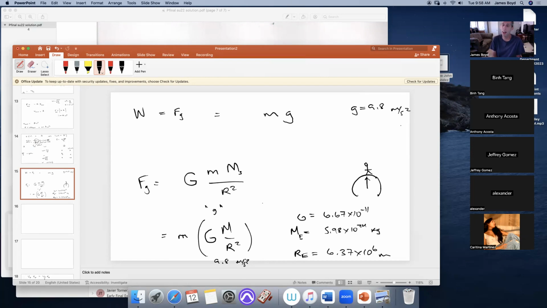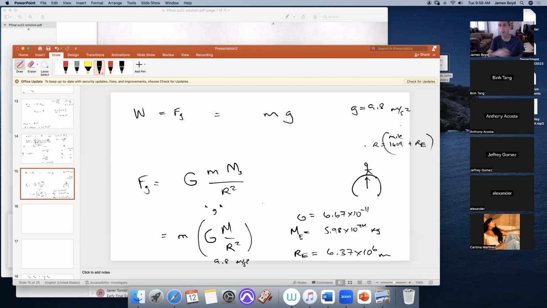But as you go higher up, you have to continue. So if you wanted to go a mile high in the air, this radius up here is 1609 meters for a mile, plus the radius of the Earth. You always have to count your radius from the center of mass to the other center of mass.